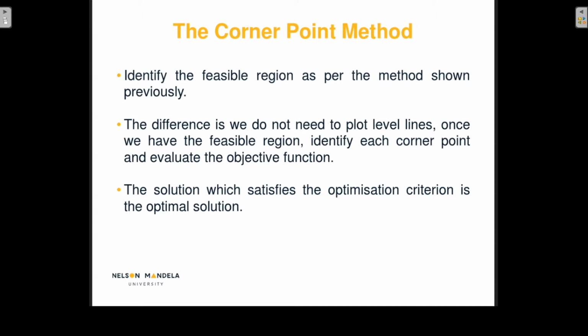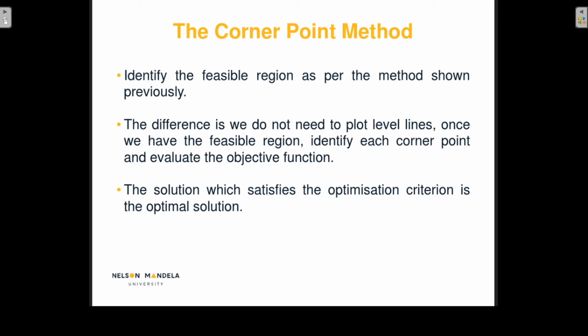Now, the corner point method, the first part is very similar to the level line method, in the sense that we first need to identify the feasible region by plotting the feasible region on a graph. The difference is that we need not plot the level lines.